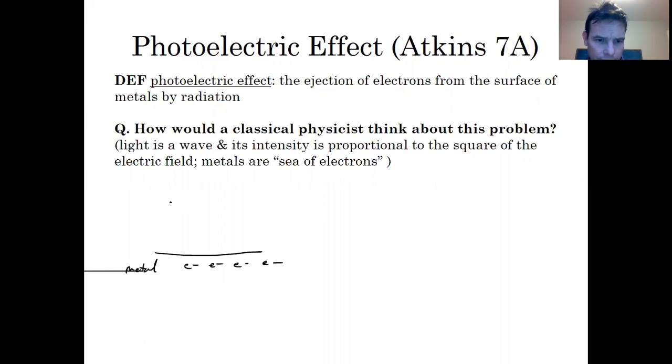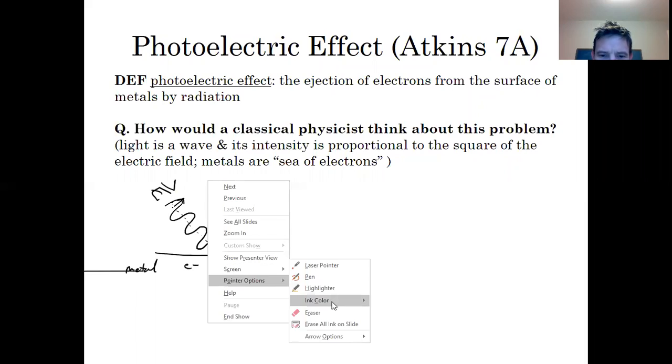Light is a wave. So I have this incident wave that's coming in. There's an electric field associated with this wave, and the intensity of it is proportional to the height of the amplitude of the wave. So if I switch my color, we can draw this more easily, perhaps.